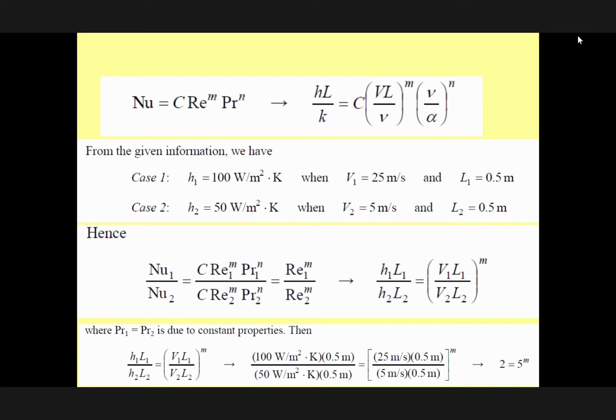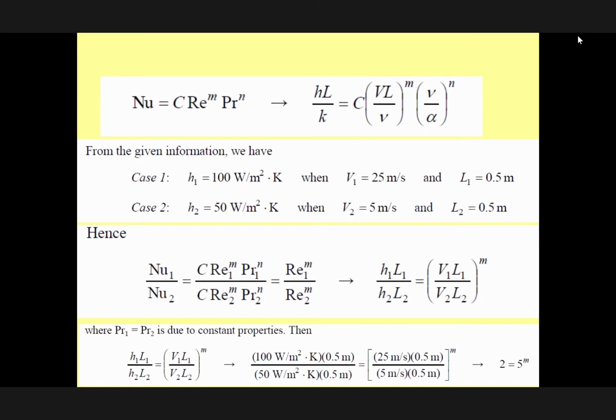Again, keep in mind, this is the general equation, but the Prandtl number is only a characteristic of the fluid. And in all the scenarios, we are using the same fluid. Therefore, the Prandtl number remains the same, okay?